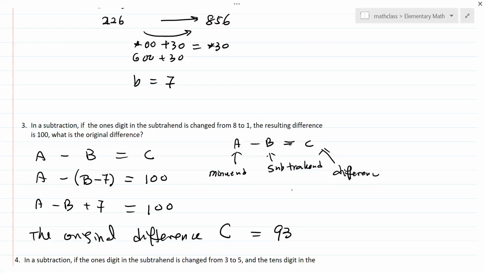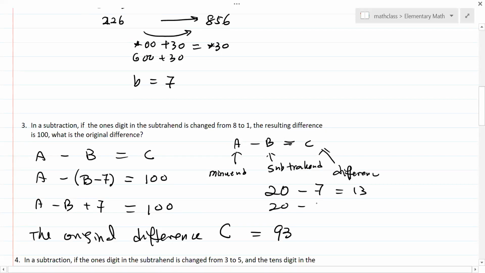For example, 20 minus 7 equals 13. But if you decrease the number 7 by 1, then you have to increase the difference. So when this side is decreased, this side will be increased, because it's a subtrahend.